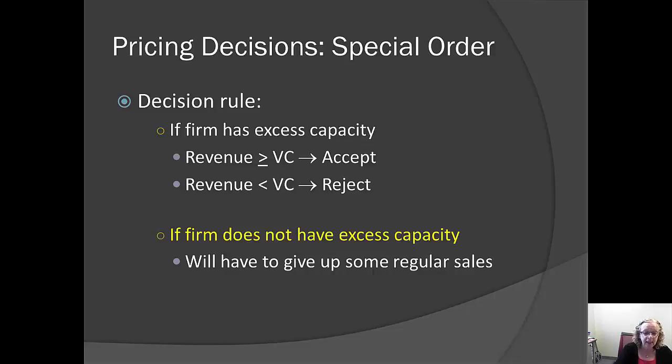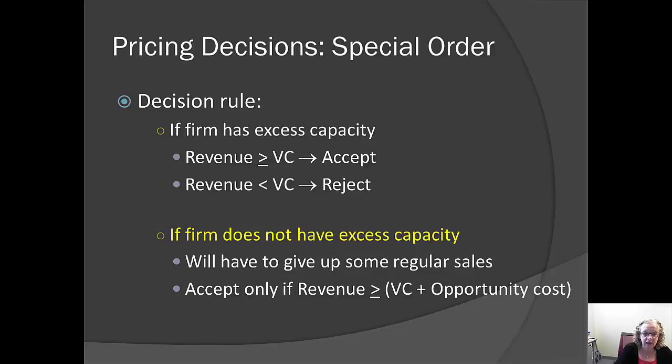Number one, it means that the firm will have to say no to someone that they expect to continue doing business with. That's not usually a good strategy. In addition, they're giving up the profit that they would normally make on sales to regular customers.